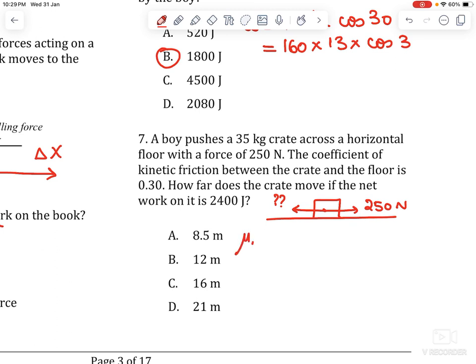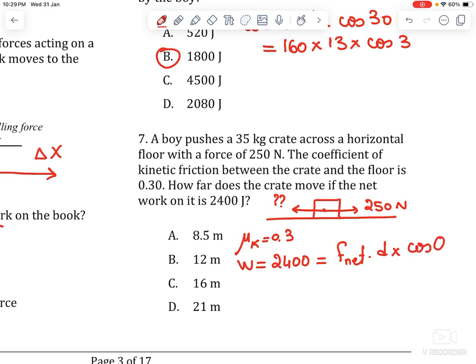The mu k equals 0.3. I need to know how far the crate moves if the net work is equal to 2400 joules. This work should be equal to F net times the distance, which I don't know, times cosine of the angle.